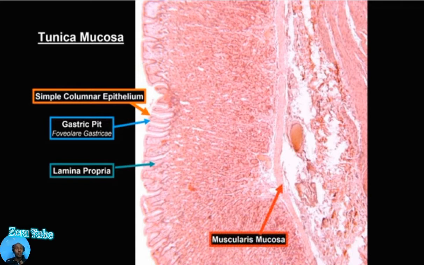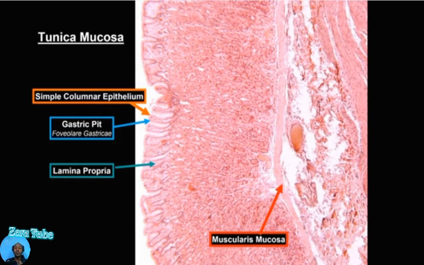The next layer from tunica mucosa ወደ ውስጥ ስንሄድ we can get the muscularis mucosa. The muscularis mucosa is found deeper to the tunica mucosa. The muscularis mucosa is mainly formed from loose connective tissue. Within this structure we can get fat, lymph nodes, lymphatic tissue, and blood vessels as well as nerve.